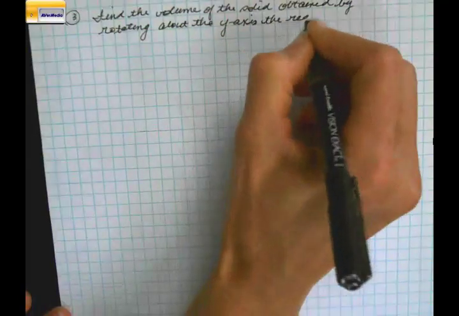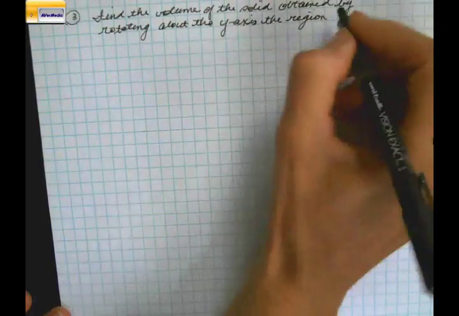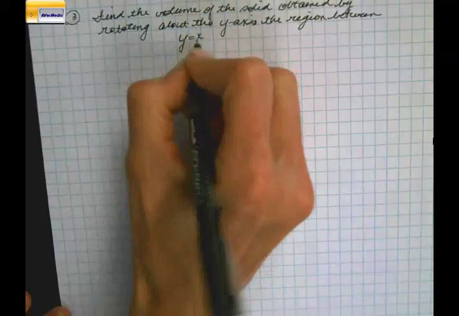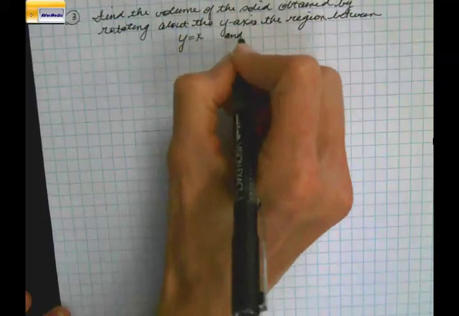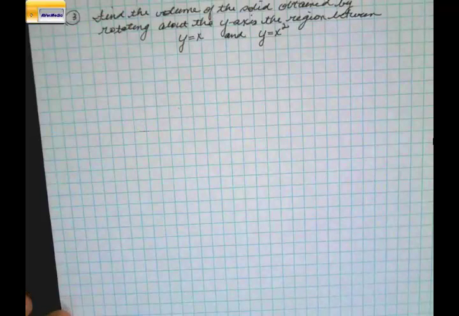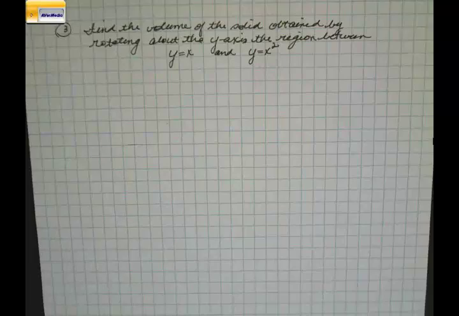The region between y equaling x and y equaling x squared. So find the volume of the solid obtained by rotating about the y-axis the region between y equaling x and y equaling x squared.